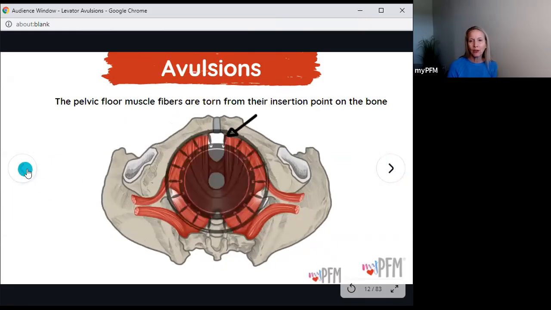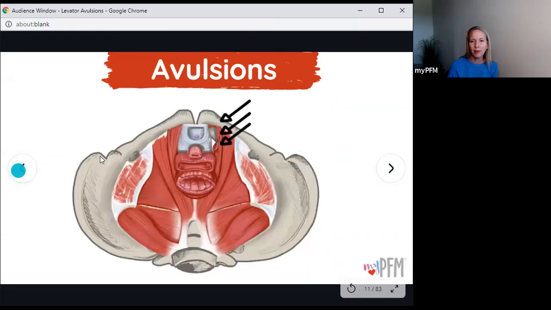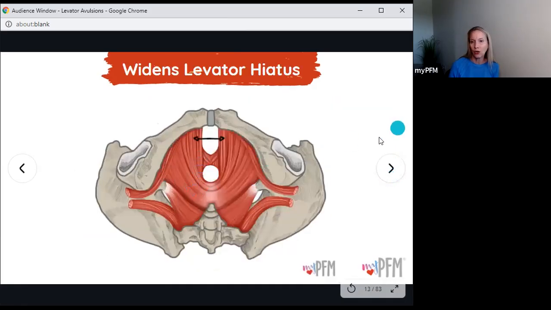So if you go back and look at this image here, you can see that now that hiatus, the levator hiatus, which is the opening where the baby passes through with a vaginal birth, that levator hiatus now is wider. Okay, so that's a very important concept to understand there.